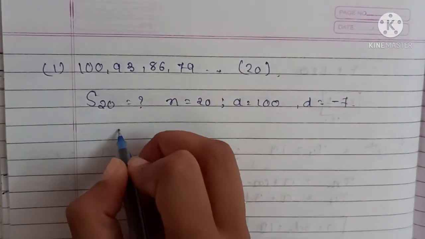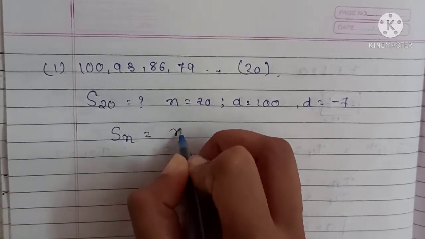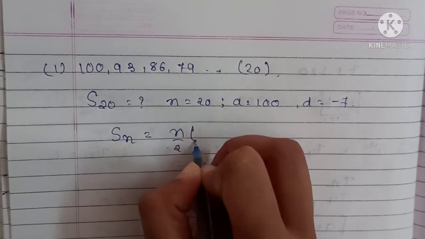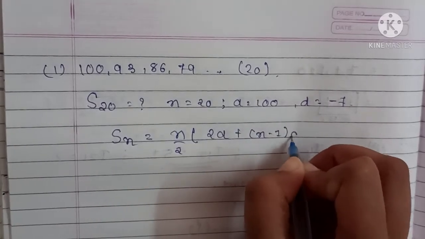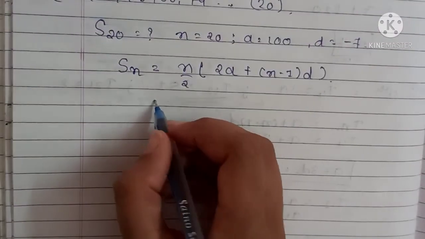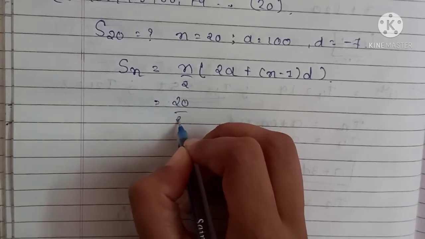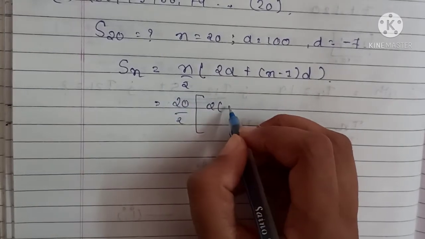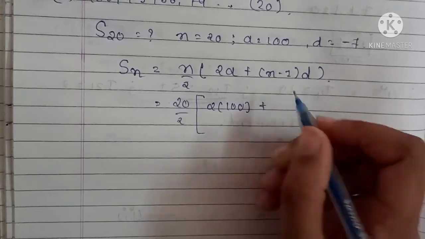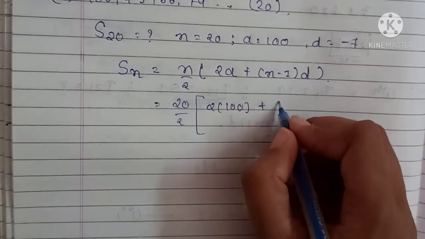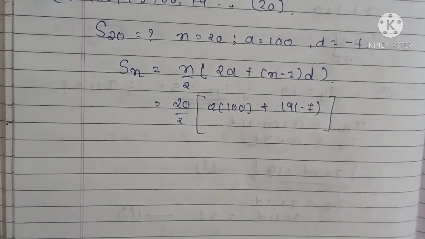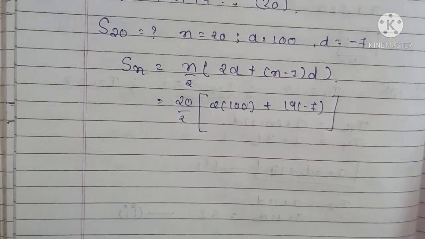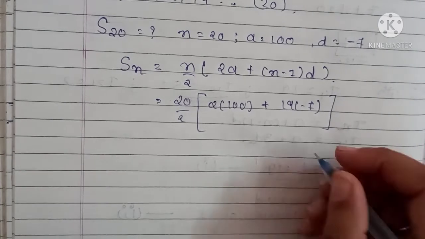Now find out Sn is equal to n by 2, in a bracket 2a plus n minus 1 into d. So n is 20 by 2, 2a plus 20 minus 1, that is 19, multiplied with minus 7. So 19 multiplied by 7, that will come minus 133.